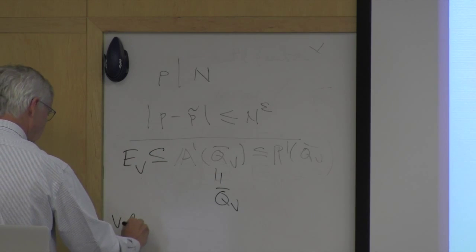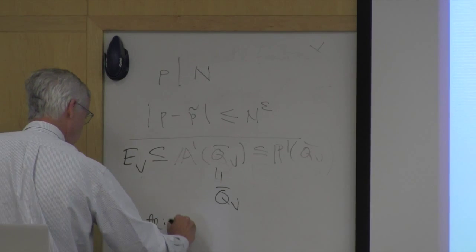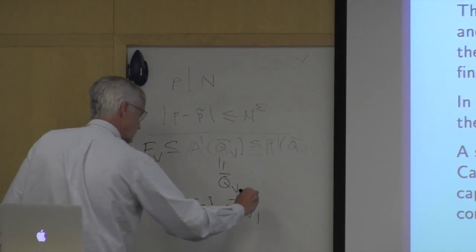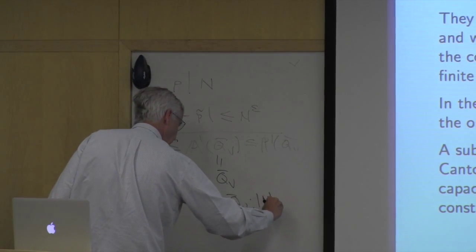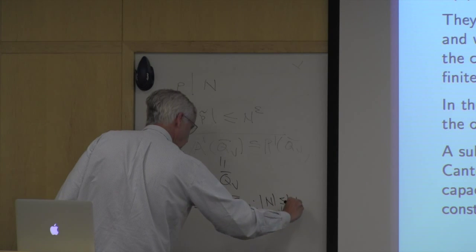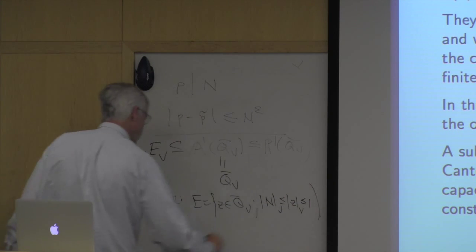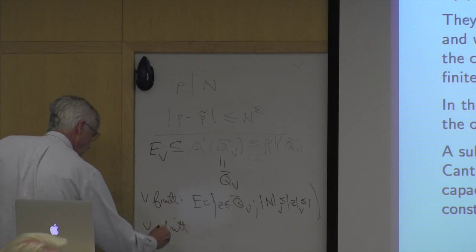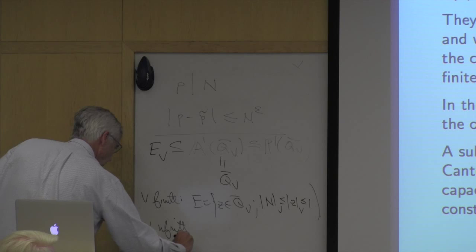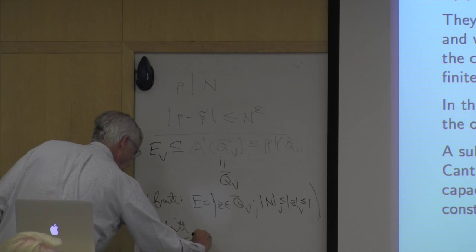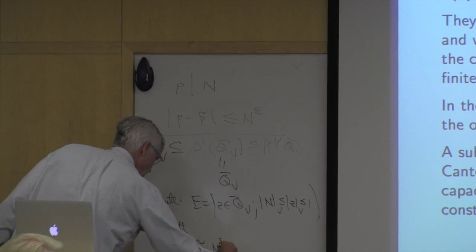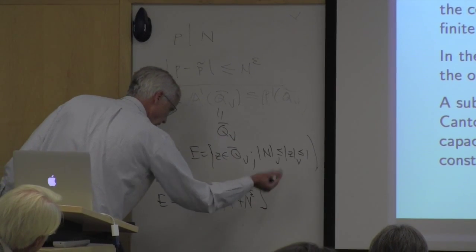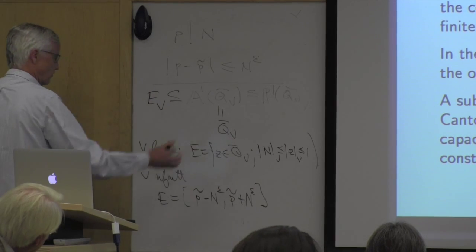If v is finite, what you pick is the set of points that satisfy that the absolute value of n at v is less than or equal to the absolute value of z at v, which is less than or equal to 1. And if v is infinite, that's the infinite place of Q, you're just talking about the interval from p tilde minus n to the epsilon, to p tilde plus n to the epsilon. And that's inside the points of the affine line over the reals.